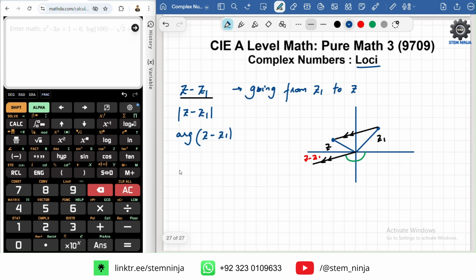Furthermore, when we just simply do z, for example, equals 5, we basically mean this is from 0. It's originating from 0. Its tail is at 0. So we can say tail at origin.